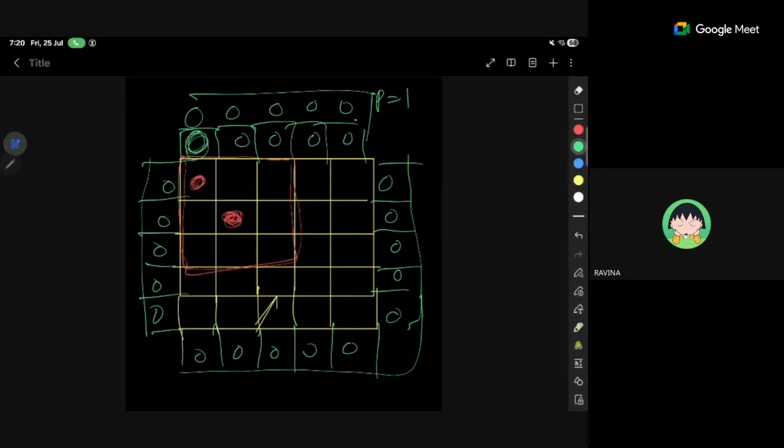So if I start from here, then I can extract values like this. I can start from here or here also, depending on what kind of padding. If padding equal to 1, then I can start here, and then I can extract this value.